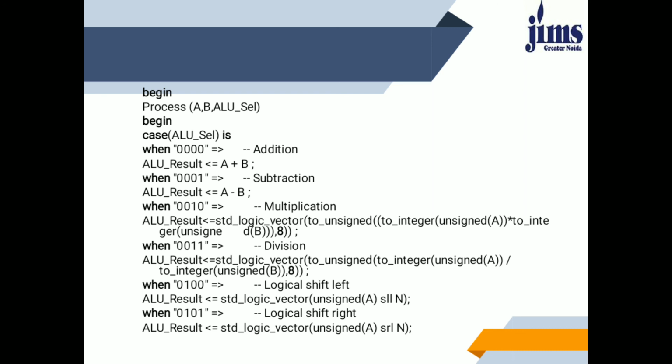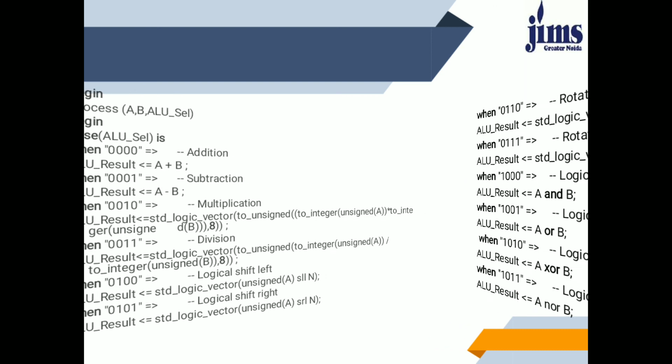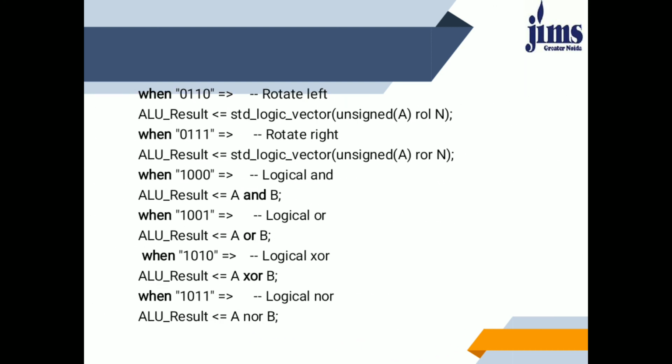See, when 0000 comes, then it will be the case of addition, and ALU result will be A plus B. If 0001 comes, then subtraction will be A minus B. So in this way we can write all the conditions accordingly with when statements and output statements.